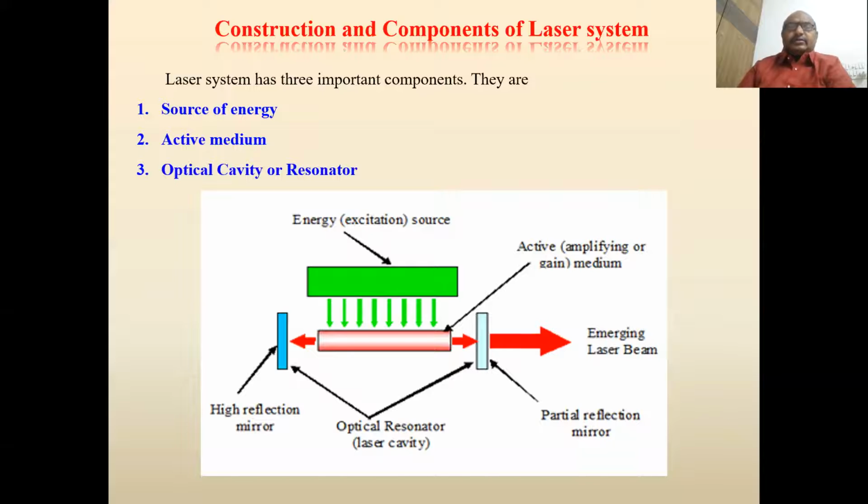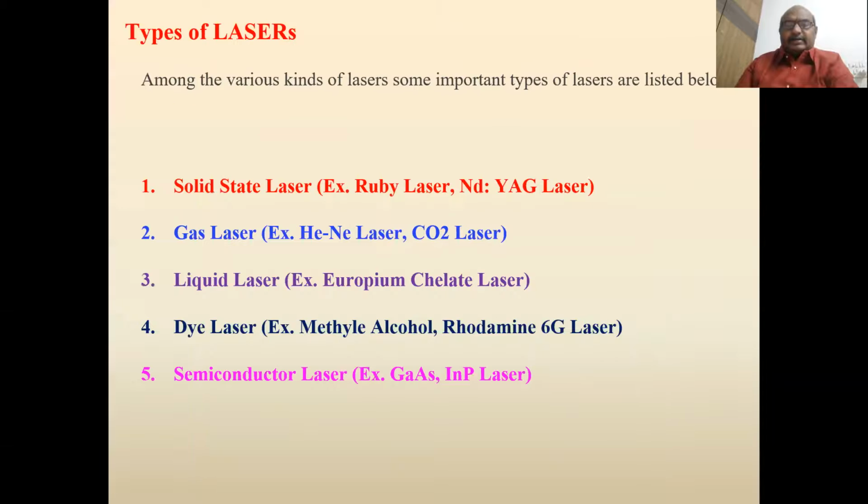The active medium depends on the type of laser. In a helium neon laser, the active medium is helium and neon; in a ruby laser, the ruby rod is the active medium. On one side is a high reflection mirror, on the other a partially reflecting mirror. That is where amplification of light occurs, and light comes out through the partial silver-coated reflector.